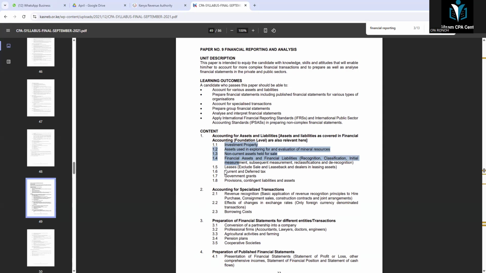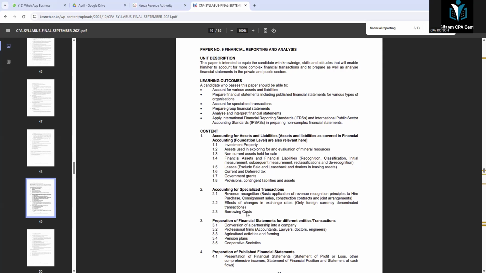Then we have subtopic 1.6, which is the current and deferred tax. This one has computation, that is the income tax, IAS 12. You will have to do the computation. And then in topic 2, which is revenue recognition, the effect in the exchange rates, and the borrowing cost.